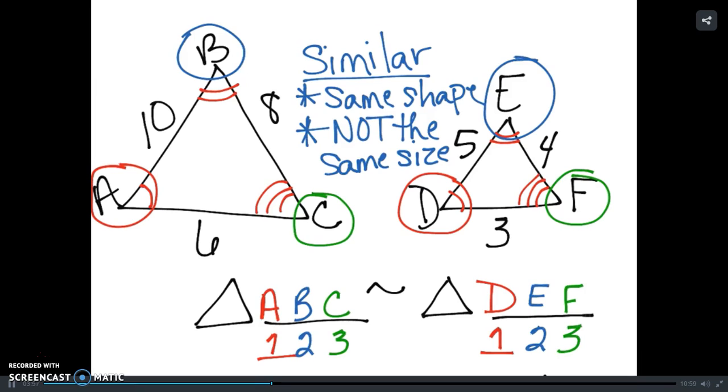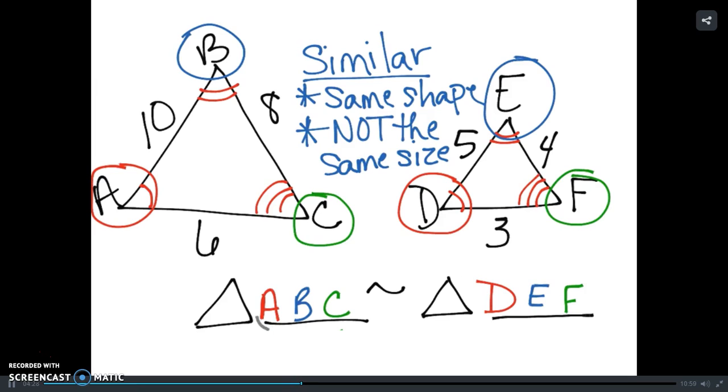We're also able to look at the similarity statement. Once we've written it out, or if they give it to us, we are able to identify some similar line segments. I'm sorry, not congruent, similar line segments. And when I say similar, it means they're going to be proportional. If you remember those ratios and proportions we talked about in 7.1, those are going to come in handy here in just a minute.